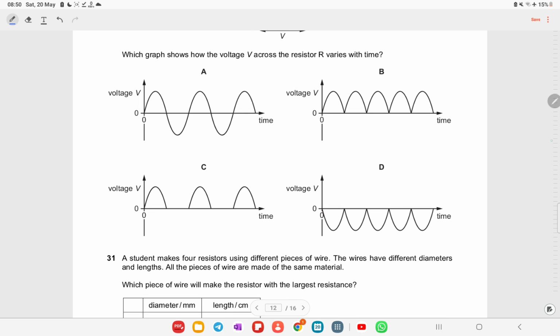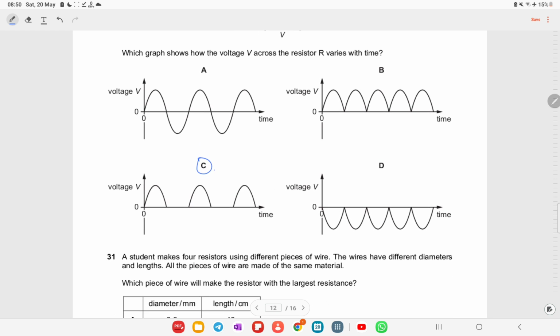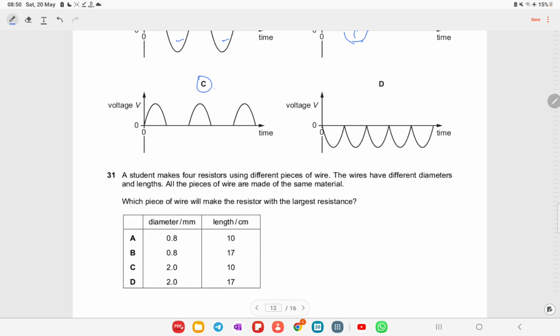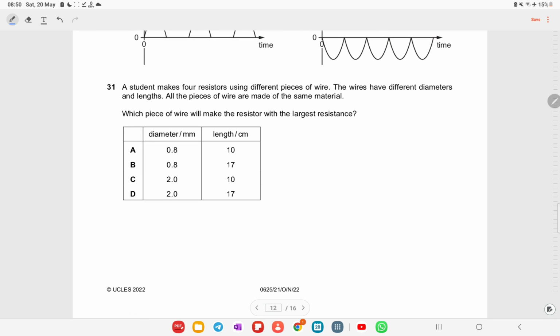So option C is going to be your right answer, because it's going to remove the negative parts. I'll call these positive, negative, positive, negative. So this is positive, positive, positive, positive, because the negative portion is being removed. There's a device for doing this. So option C is the right answer.